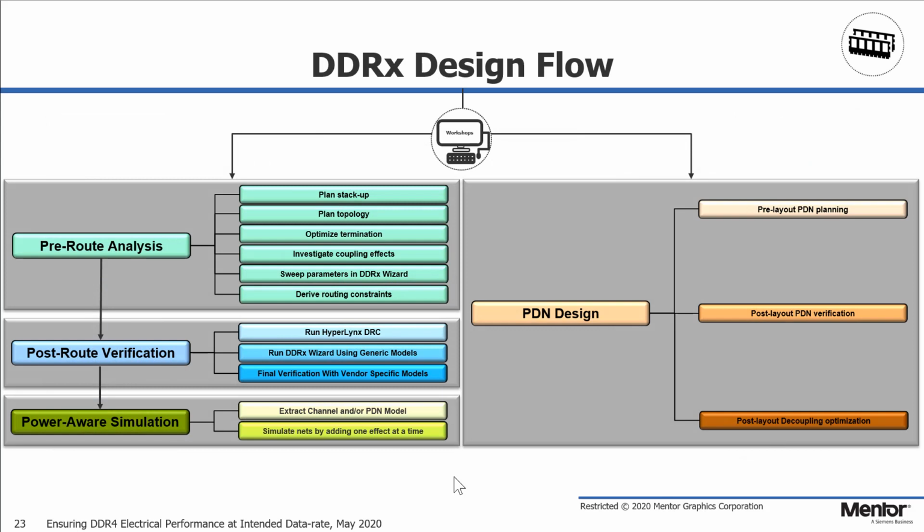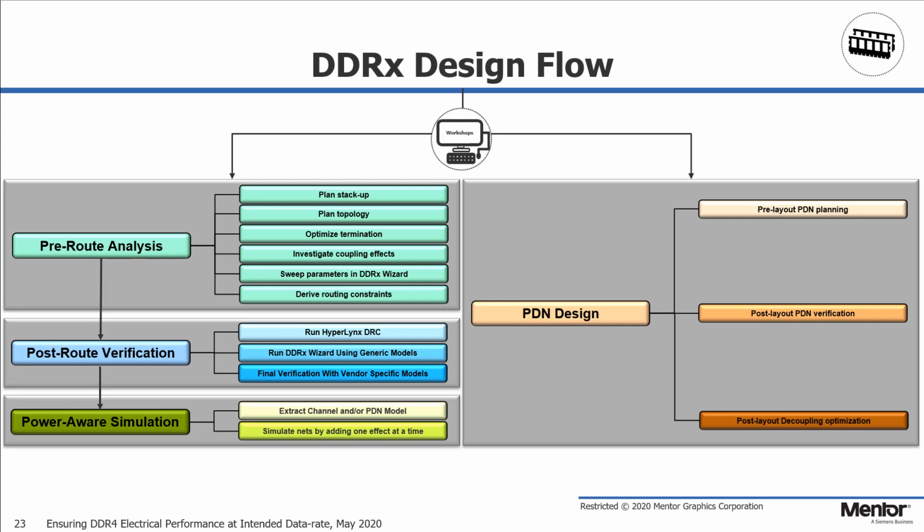The DDRX flow we recommend is you derive the routing constraints by simulating in the pre-layout stage to have plenty of margins early in the design cycle. You pass those constraints to a layout tool and route the board.